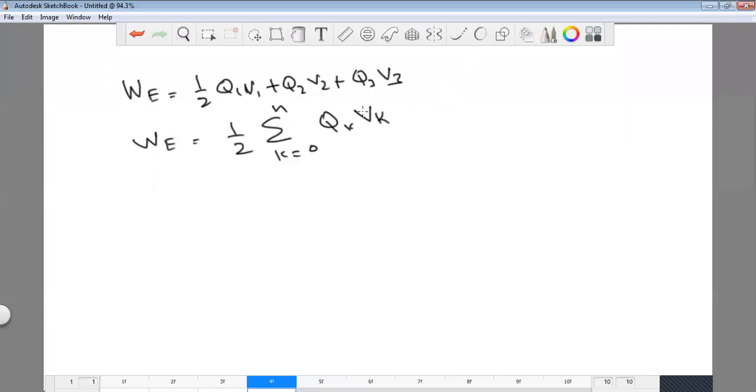Here initially we took three point charges, so we got Q1 V1 plus Q2 V2 plus Q3 V3.